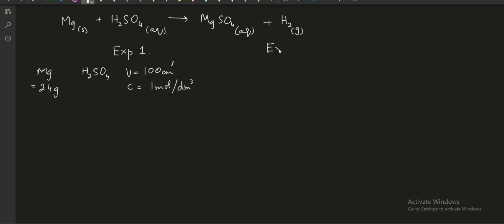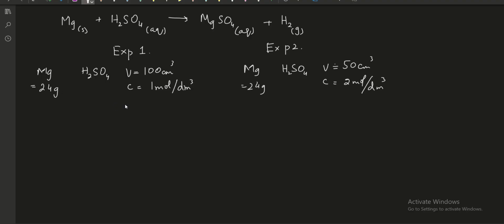Okay, so in experiment number 2 we have the same amount of magnesium, which is 24 gram, and the volume of sulfuric acid in the second experiment is 50 centimeter cube and its concentration is 2 moles per decimeter cube.